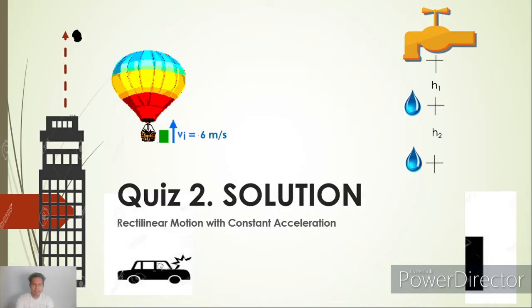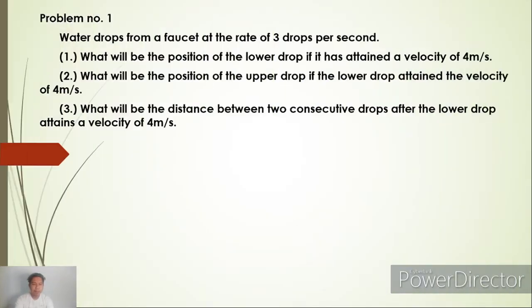Ayan, so ngayon i-discuss natin yung exam natin nung nakaraan, which is the quiz 2, rectilinear motion with constant acceleration. Para dun sa ating problem number 1, water drops from a faucet at a rate of 3 drops per second.